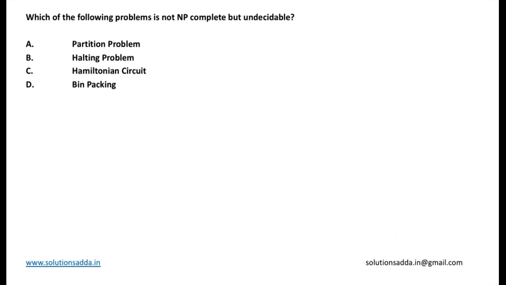This is a question from theory of computation. Which of the following problems is not NP complete but undecidable? Options are partition problem, halting problem, Hamiltonian circuit, or bin packing. So this is a direct question which is asking which of the problems is not NP complete but undecidable. Partition problem is NP complete problem.